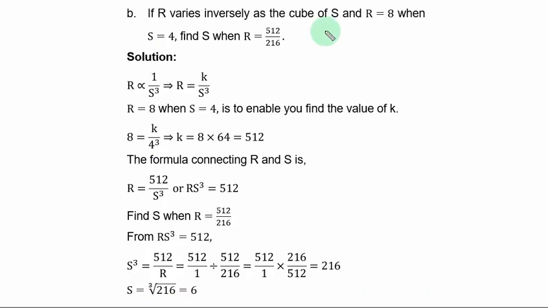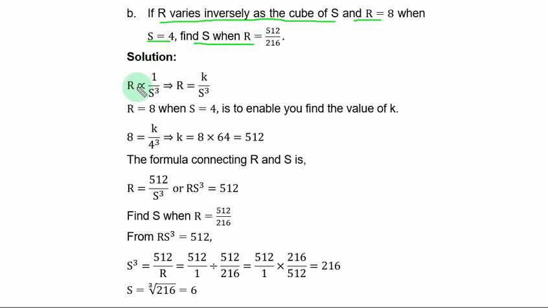Question 9b. If arrow varies inversely as the cube of S and arrow is equal to 8 when S equal to 4, find S when arrow is equal to 512 over 216.